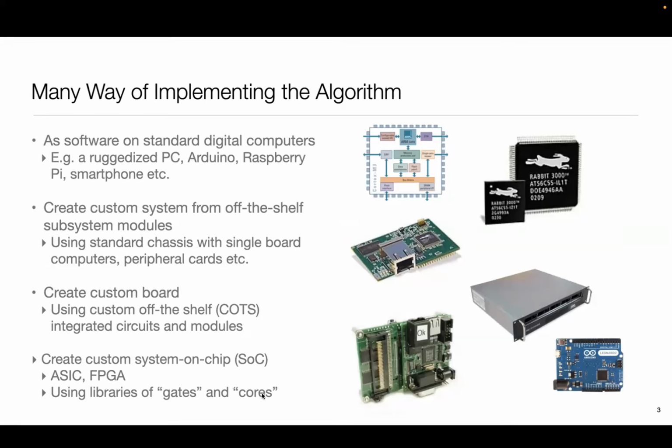The generic term is often cores. Cores are pieces of hardware which do some functionality. Oftentimes they may themselves be little processors. There are companies in the business of selling you cores, which you can put down on pieces of silicon along with other stuff to make your own thing. This is referred to as a system on chip.